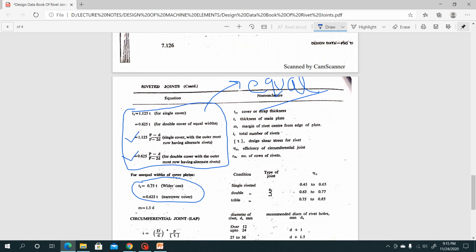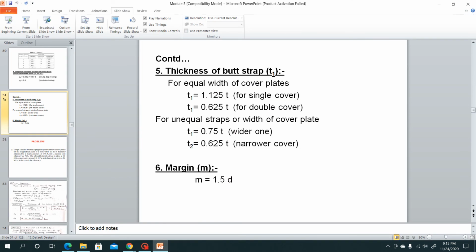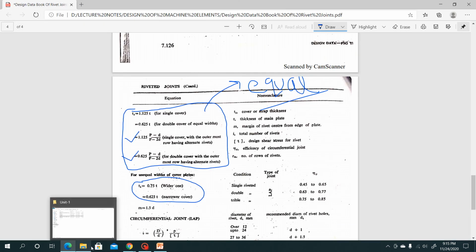Is it clear? Any doubt? How will I find this thickness of the butt strap from the data book? Any doubt? No, sir. Okay, fine.